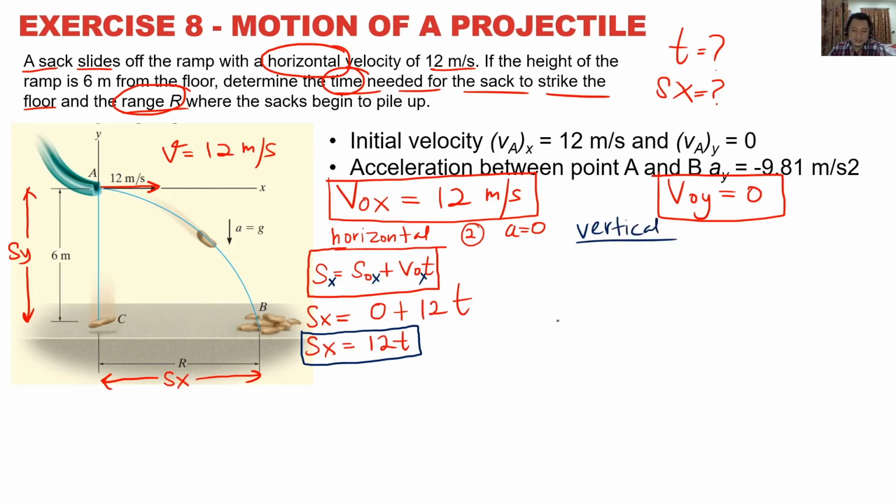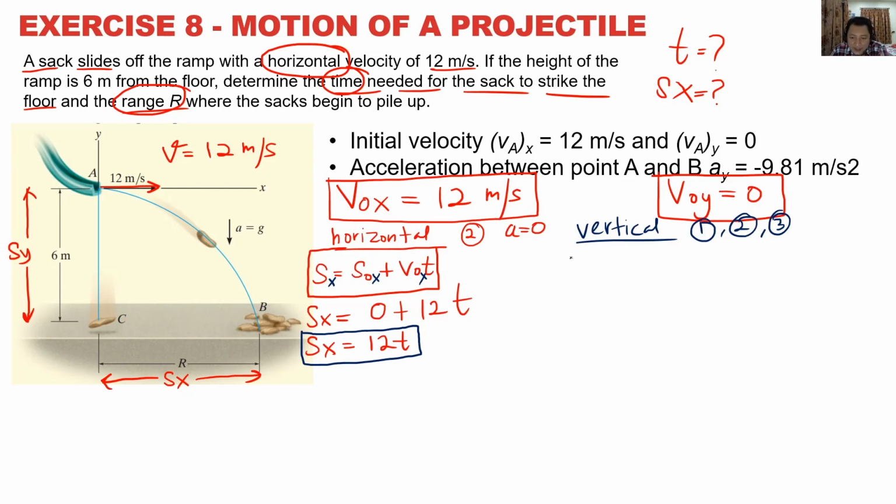For the vertical, you can solve a lot of things. Equations 1, 2 and 3 are all useful, but which one should you use? Look at the vertical: you have Sy.